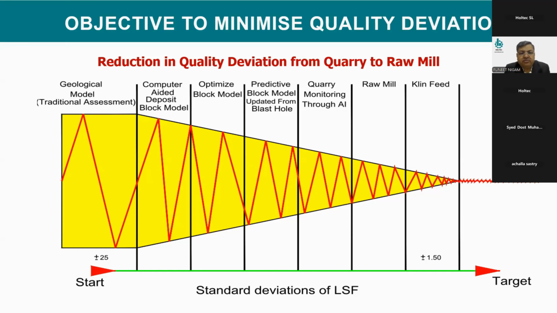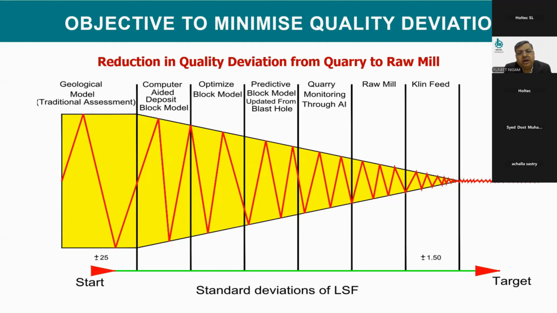And after that, when we have the blast hole data, we again fine tune the model based on the available information, from the online belt analyzer also. Then our predictive model is ready.